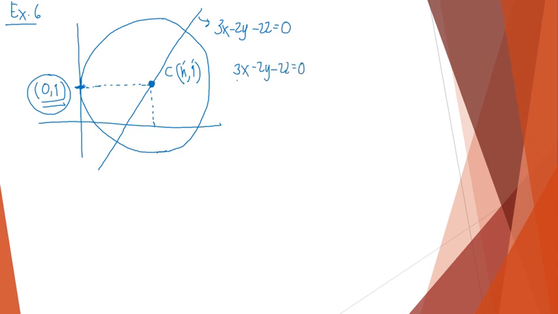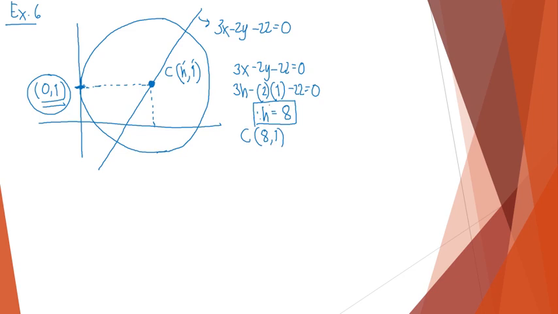We replace x with h, then minus 2 times y, which is 1, then minus 22 is equal to 0. So we get h. Therefore h is equal to 8. So we now have the coordinates of our center, which is (8, 1).